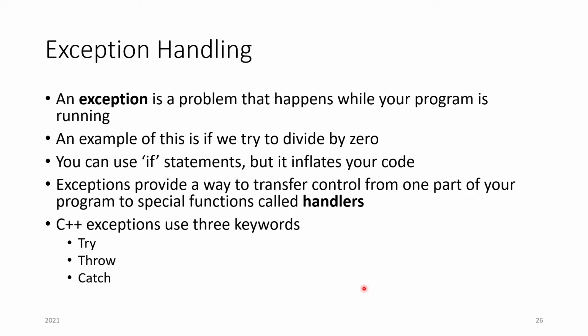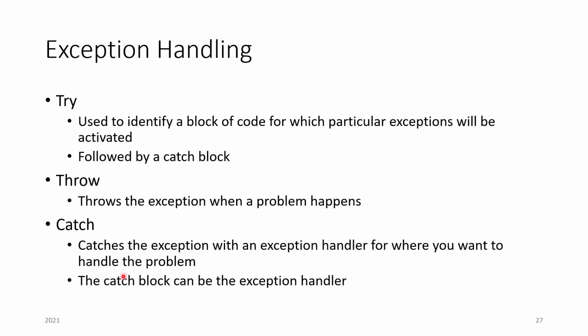So exceptions in C++ are a very optimized way of handling these errors, and you're using special functions called handlers to do this. The three keywords that you're going to be using are try, throw, and catch. The try block is what you encapsulate your code in that needs to be analyzed for any runtime errors.